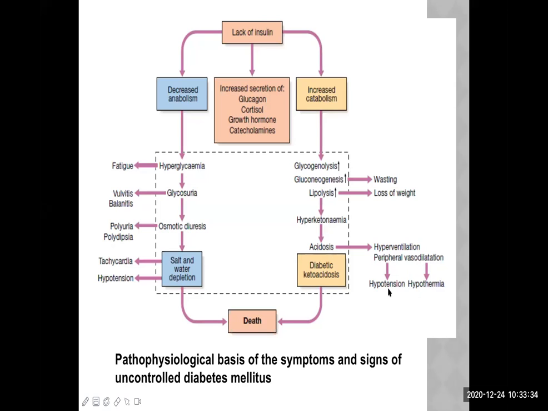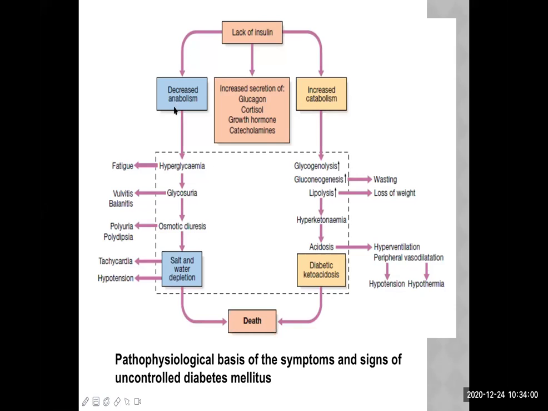So hypotension and hypothermia can occur in this condition because vasodilation will lead to loss of heat, that is hypothermia, and because of vasodilation, hypotension can also happen. Hypotension is also contributed by dehydration or hypovolemia. Now, this state is called diabetic ketoacidosis. It can lead to death because of cerebral edema and a lot of other complications.